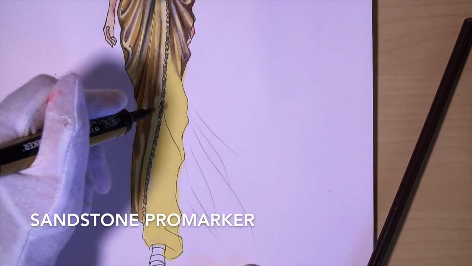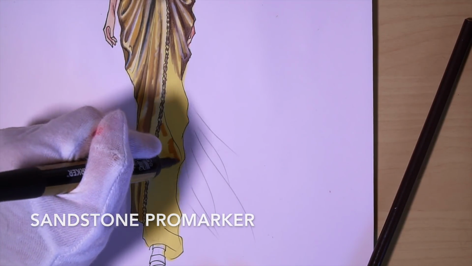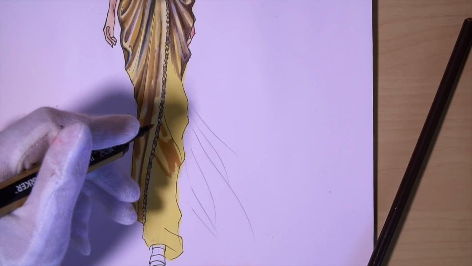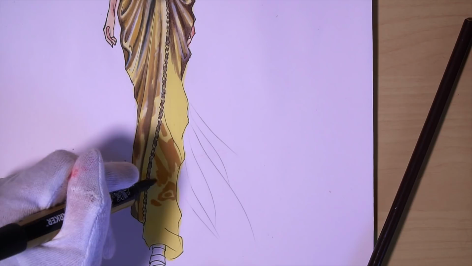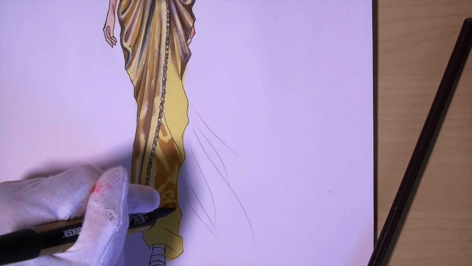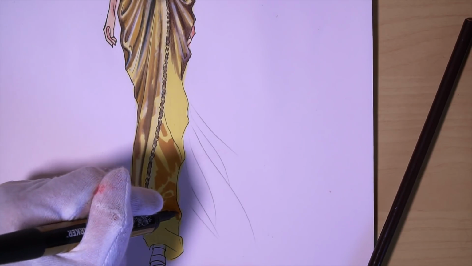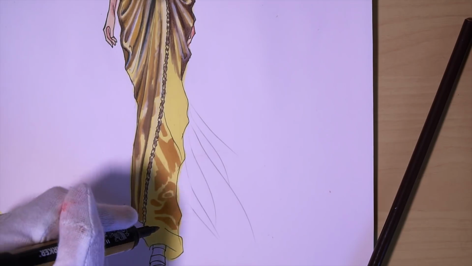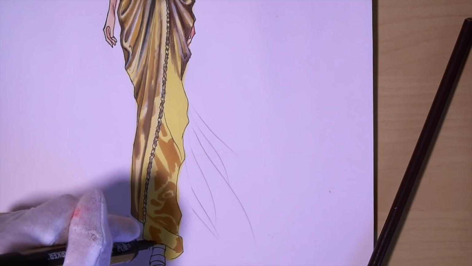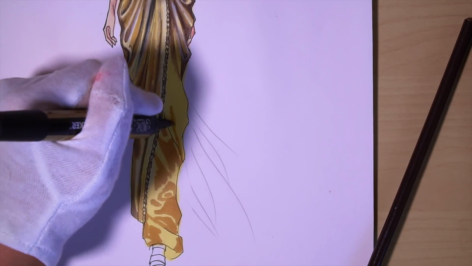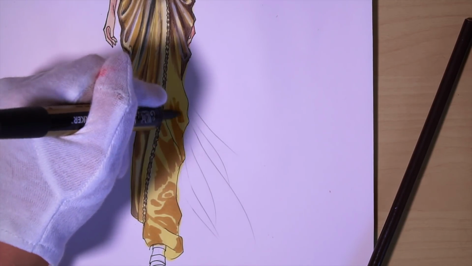So the folds in the lower part of your skirt are dictated by your movement. So we have these diagonal folds wrapping around your front leg, and the direction of the highlights and the shadows is the same, as if those dark parts are falling down diagonally.